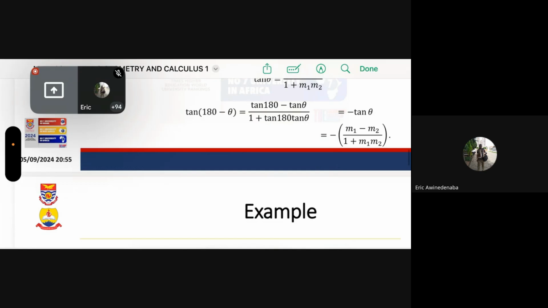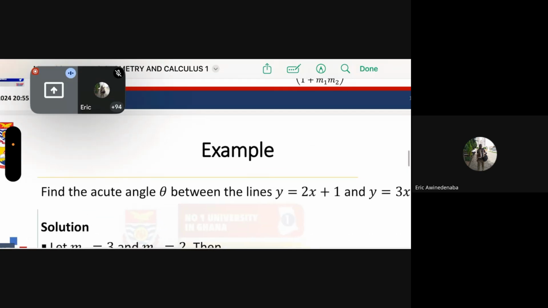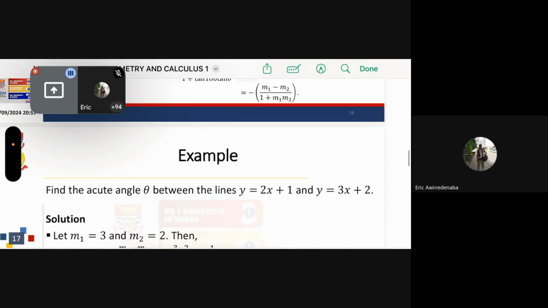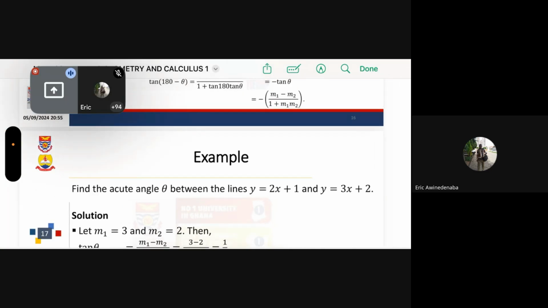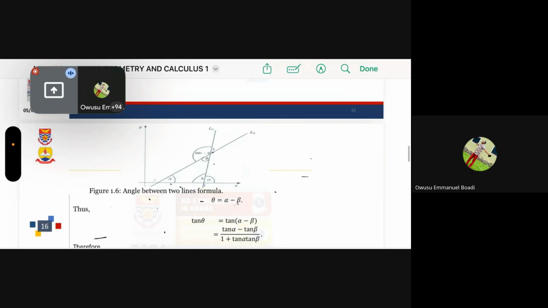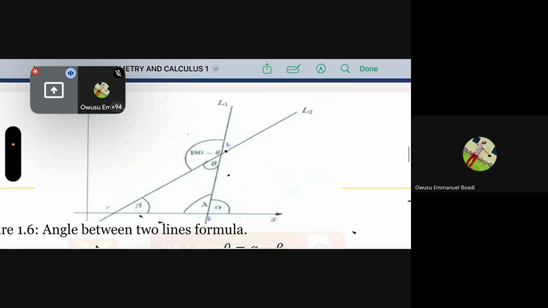Okay, so we have a question. It says that you should find the acute angle. I hope you know what an acute angle is. Yes, madam. Less than 90. Okay, so remember that in this graph, we are getting two angles between the two lines.